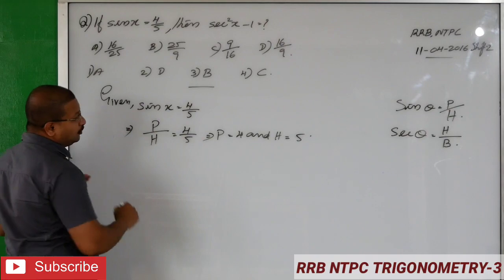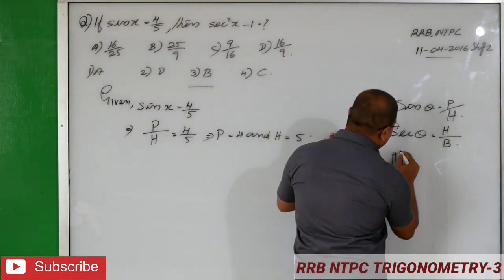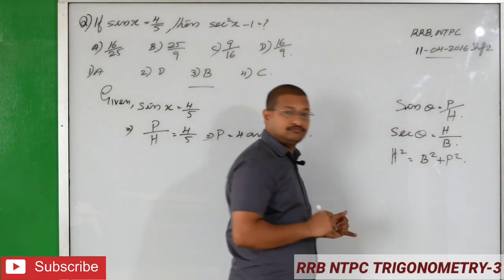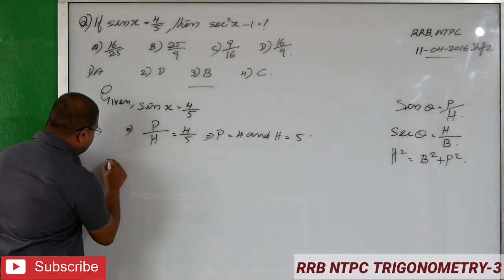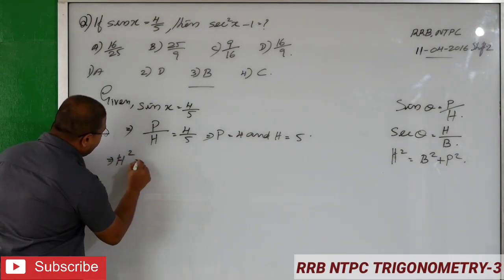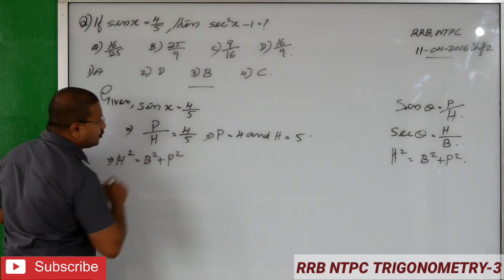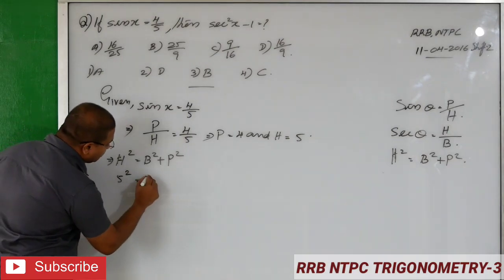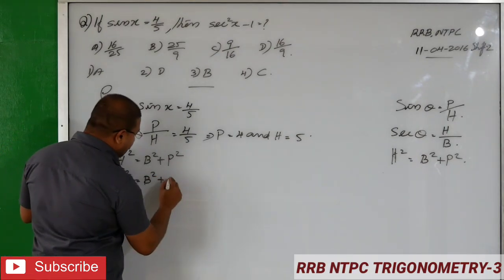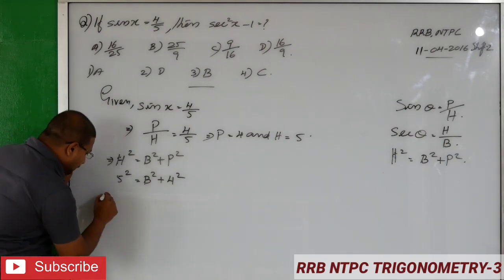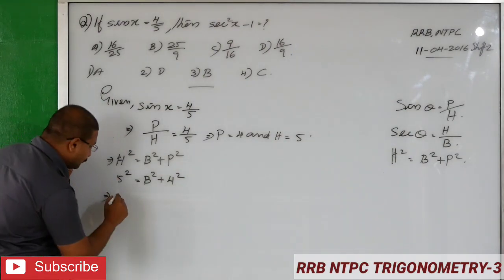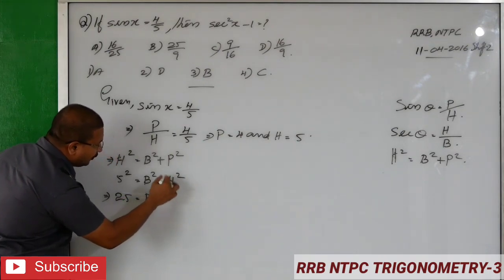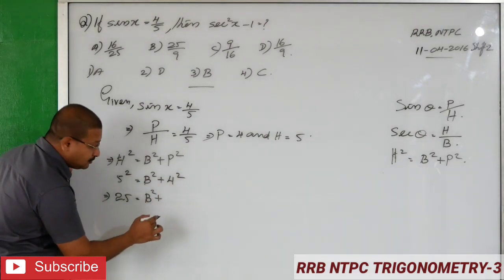Therefore, by Pythagoras theorem, what is Pythagoras theorem? Hypotenuse square equals base square plus perpendicular square. So hypotenuse is 5, that means 5 square equals base square plus perpendicular, 4 square. 5 5s are 25 equals base square plus 4 square, 4 4s are 16.